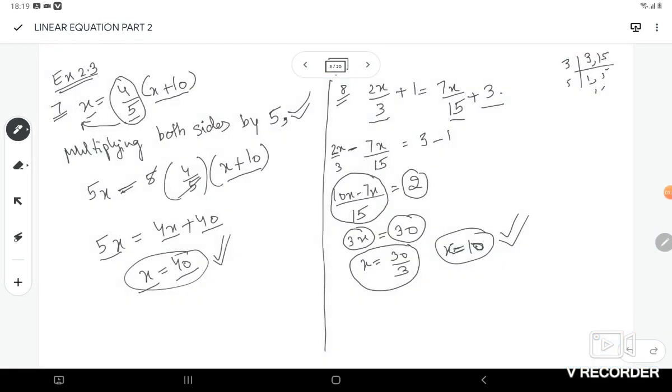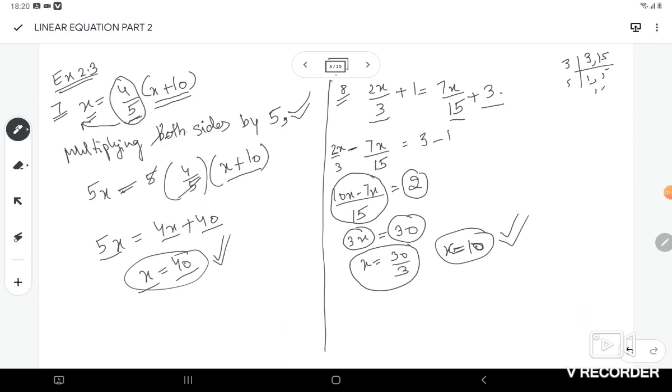Now let's solve some of the problems of exercise 2.3. Now the question says x is equal to 4/5 of (x plus 10). Let's solve the problem using the method which I have been using, called method 1.